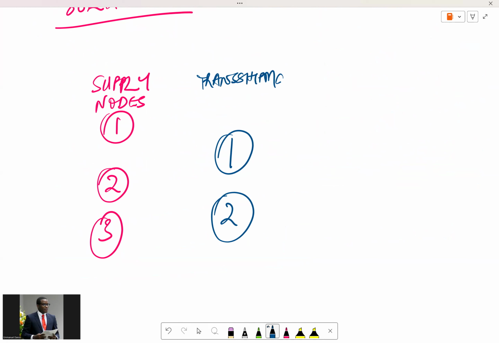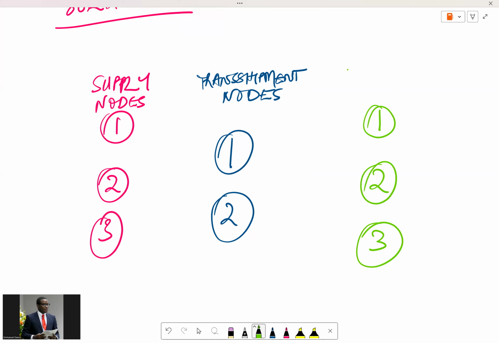Those are transshipment nodes. And lastly, we have three demand nodes, 1, 2, 3 again. These are the demand nodes.